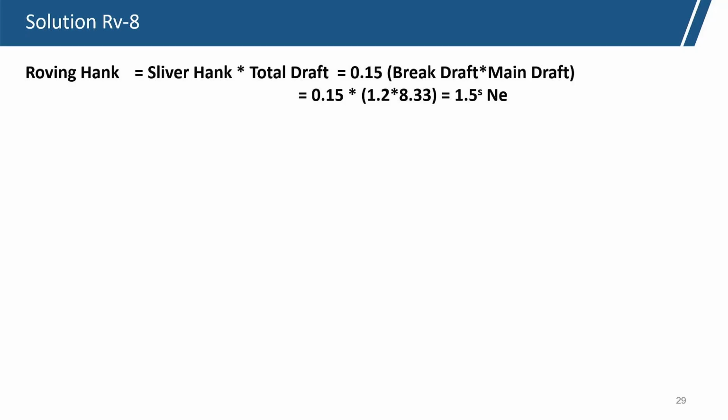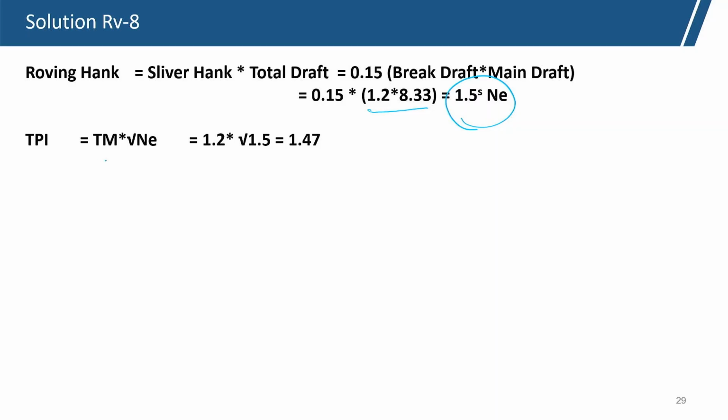Roving hank equal to sliver hank multiplied by draft. Sliver hank is given. So, because 1.2 multiplied by 8.33 is 10, total roving draft is 10. So, 0.15 multiplied by 10, 1.5 NE is the roving hank.